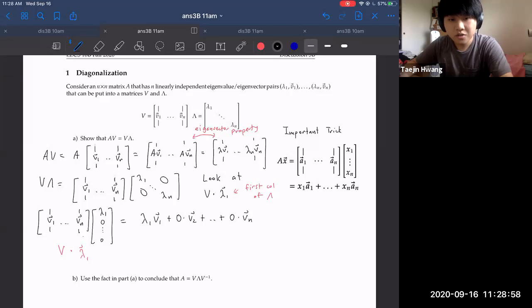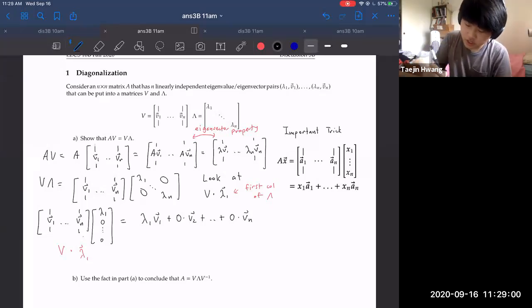And we can generalize this to say that, since all these weights here are 0, this is equal to lambda 1 V1.